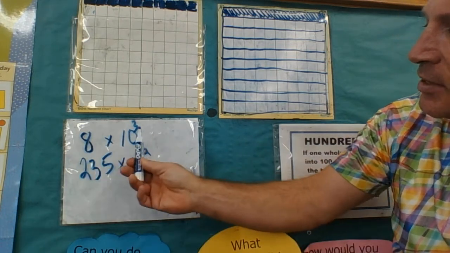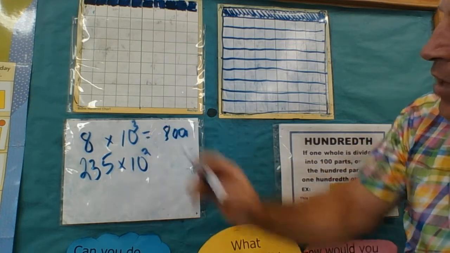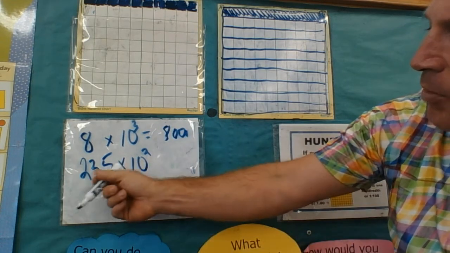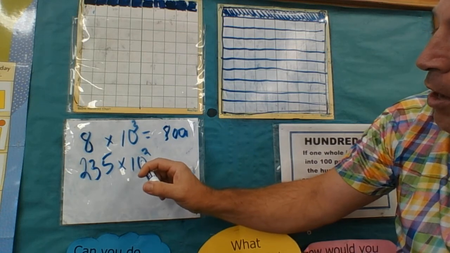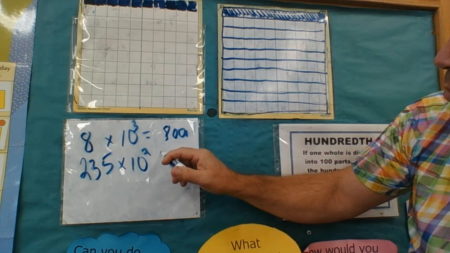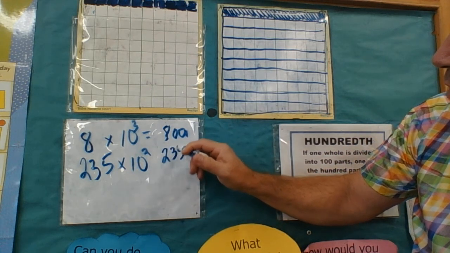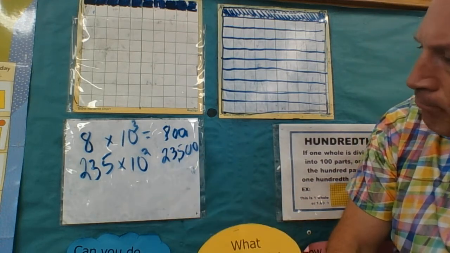We know 8 times 10 to the power of 3, the product, is 8,000. Same thing, any number times any power of 10, we move the decimal point over. So 235 would be 235 with 2 zeros at the end.